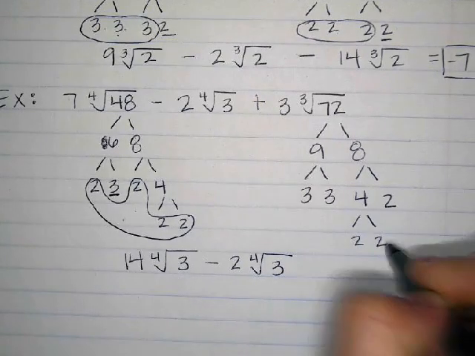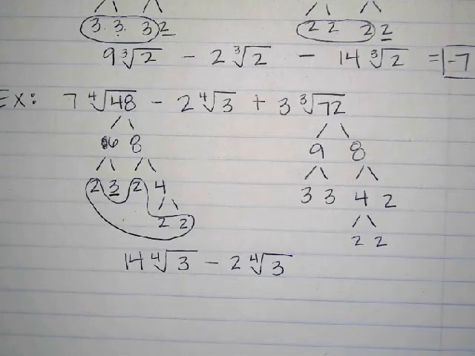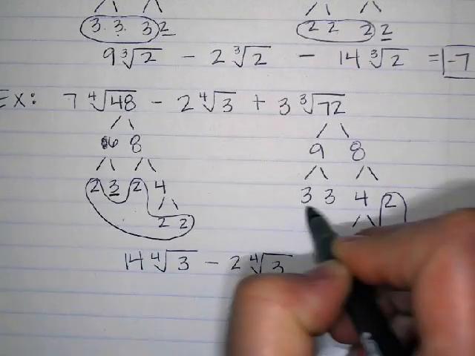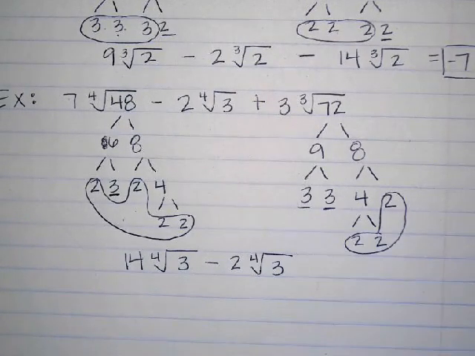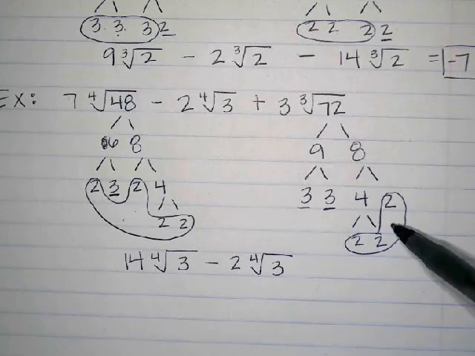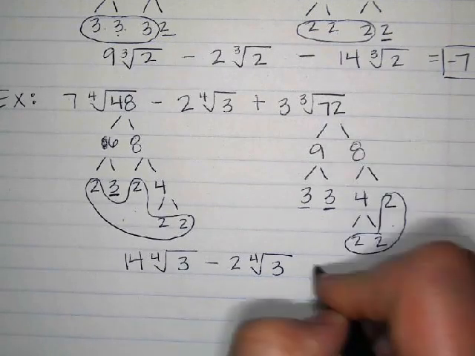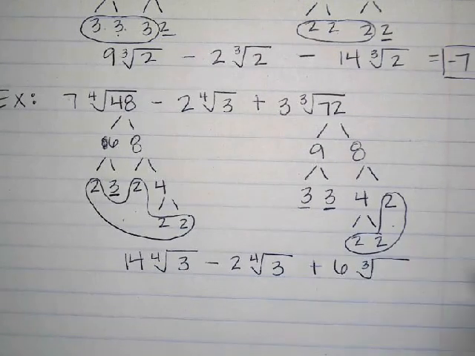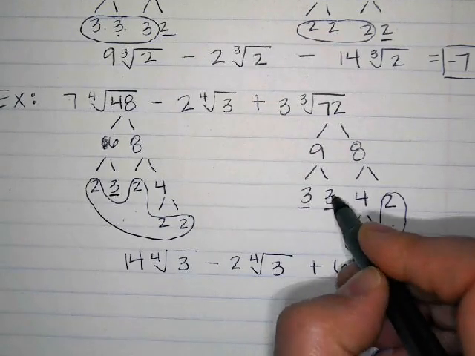Okay. We got a triple of 2s, leftover 3s. And then we've got 2 times 3 is 6, cube root of what? 9. 3 times 3 leftover is 9.